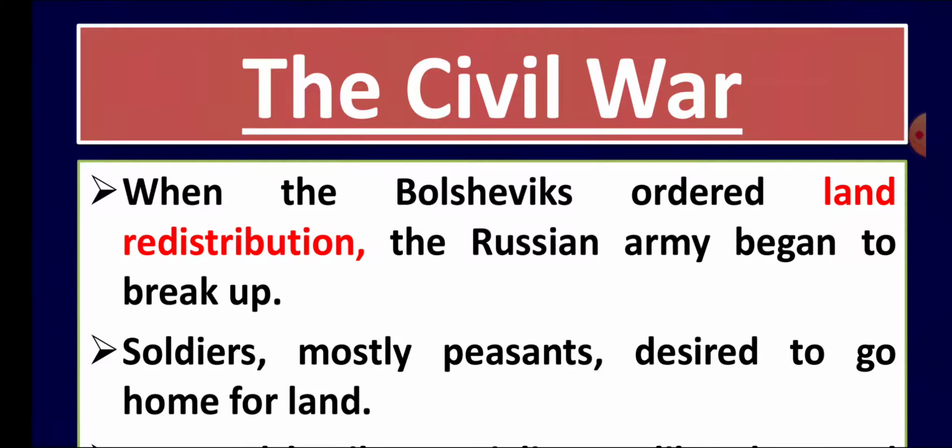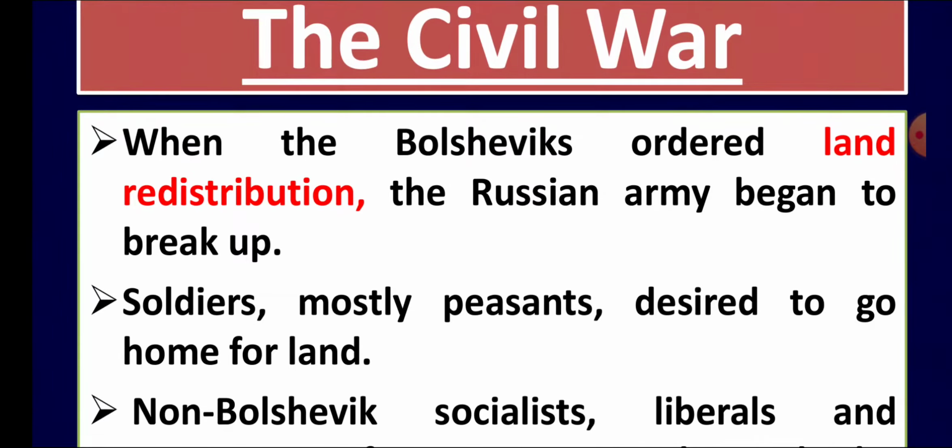So civil war began. Why did the civil war begin? Civil war here refers to internal disturbance in the nation. The reason was that the people who were enjoying power for the last many decades and centuries were not ready to leave their powers.